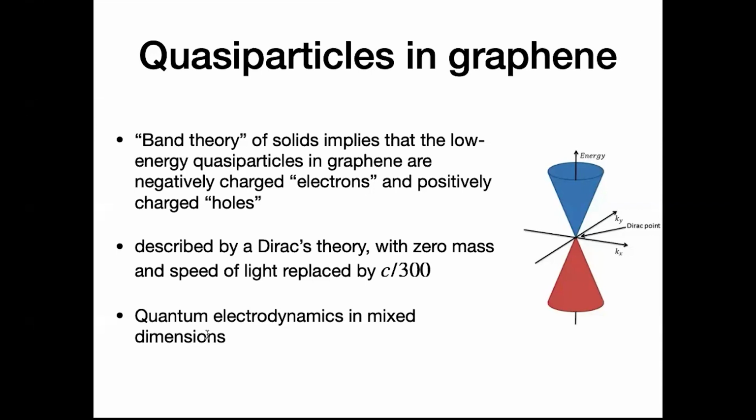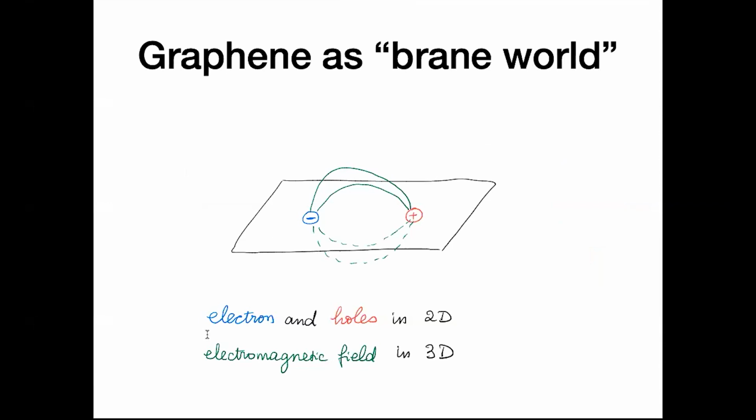Now, the correct description of graphene, when one tries to introduce interaction between the electron and the hole, is a theory similar to quantum electrodynamics, but in mixed dimension. The electrons and the holes live in the two-dimensional sheet formed by these carbon atoms.